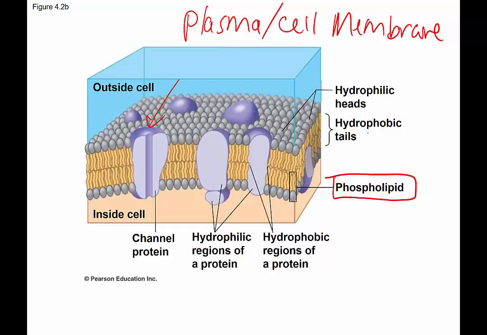So remember, phospholipids have a hydrophobic region. Hydrophobic, remember, means water-fearing. This is something we talked about in the biochemistry lecture. And they also have a hydrophilic region, so water-loving.